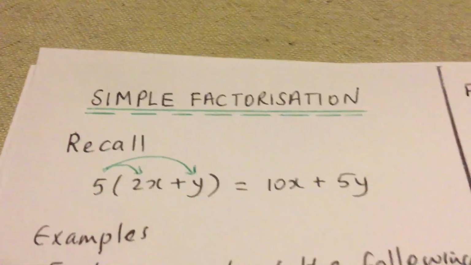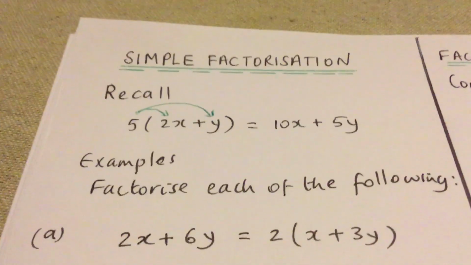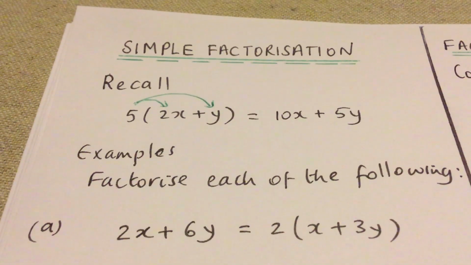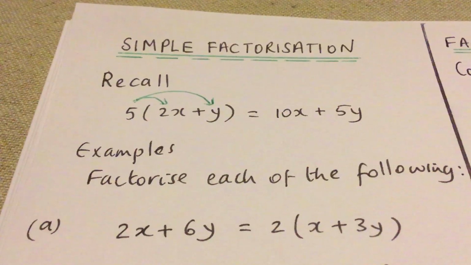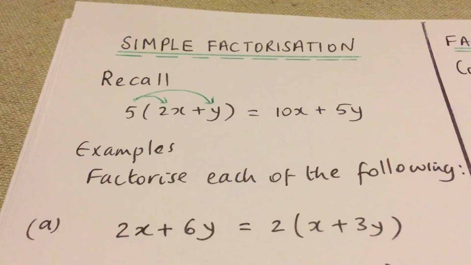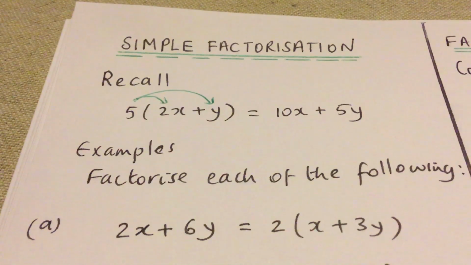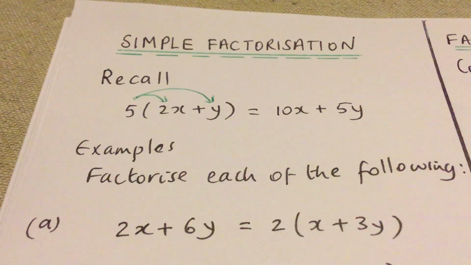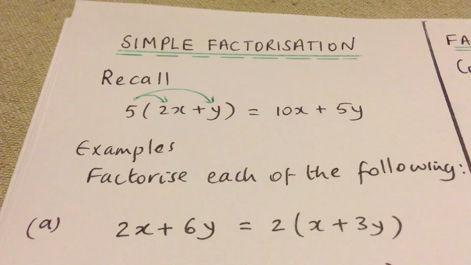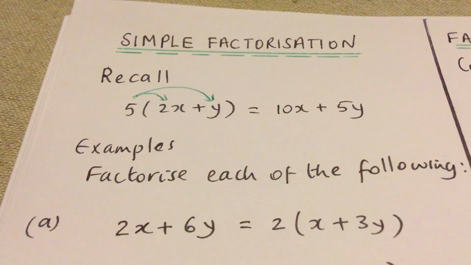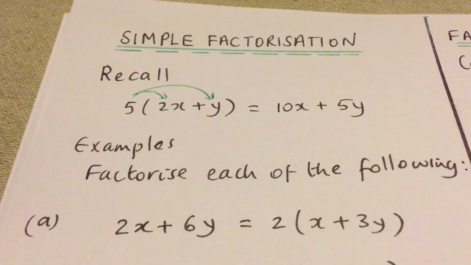Let's have a few examples to make it clearer. 2x plus 6y. First, what we do is look at the coefficients of x and y, like the numbers. 2 and 6, they're both divisible by 2, so you write 2 outside the bracket, and then you ask yourself, 2 times what gives you 2x?